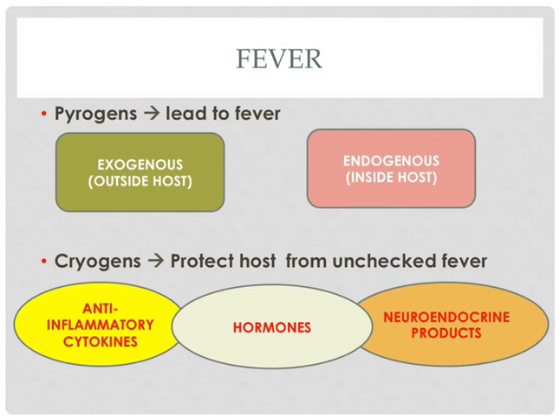That's the outside component that's causing the fever. And endogenous, inside the host, are our own cytokines that lead to fever. Cryogens make sure that we don't mount a fever that's not tolerated by our body. And those are the cytokines, the hormones, and the other products that help regulate that. So pyrogens and cryogens, those are the two things.